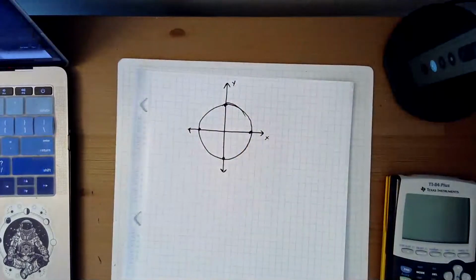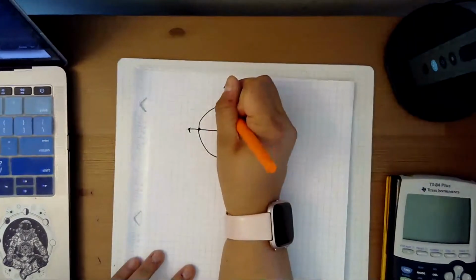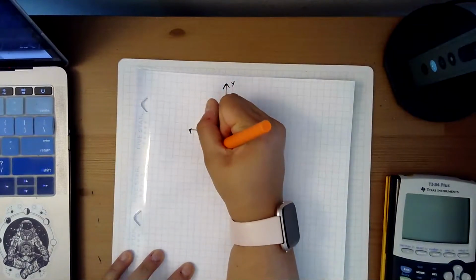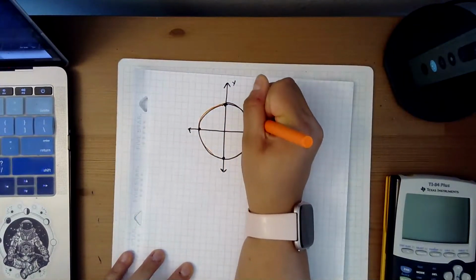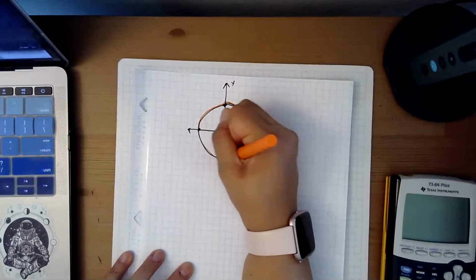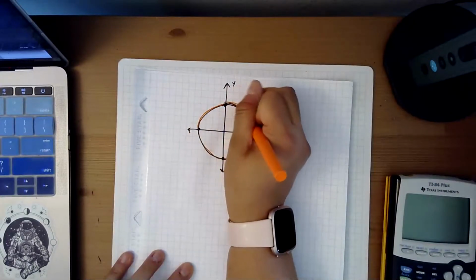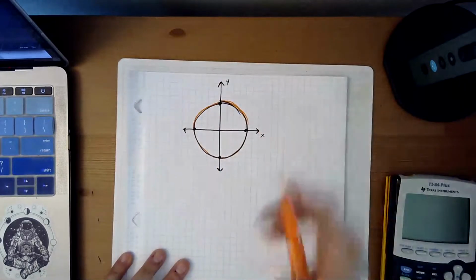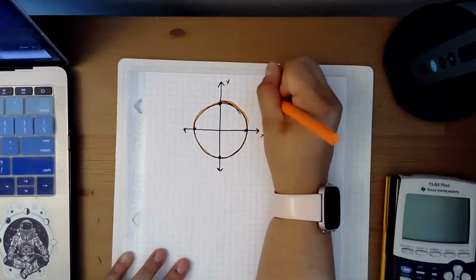What happens if I want to know the entire arc length of this circle? How much does all this crust measure? What's the distance of the entire crust of this pizza? Don't we already know that? Remember? That's called circumference, right?